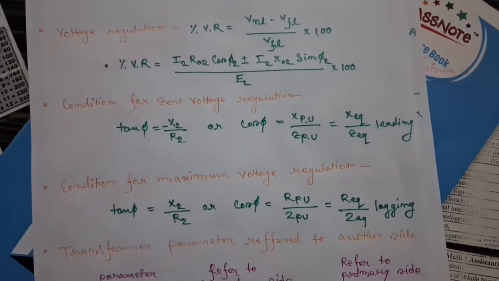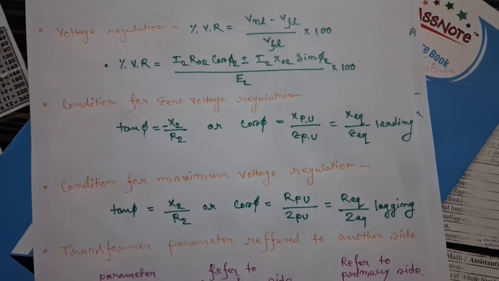Then you have to remember the condition of maximum voltage regulation. For maximum voltage regulation, tan phi is equal to x2 by r2. x2 is secondary inductance, r2 is secondary resistance.